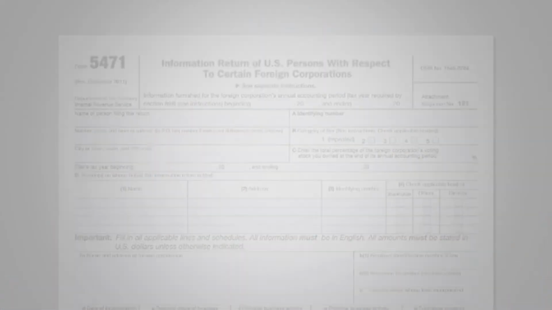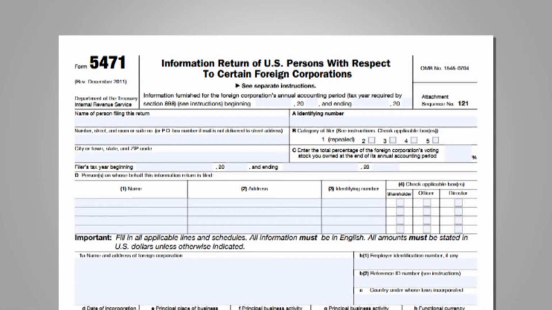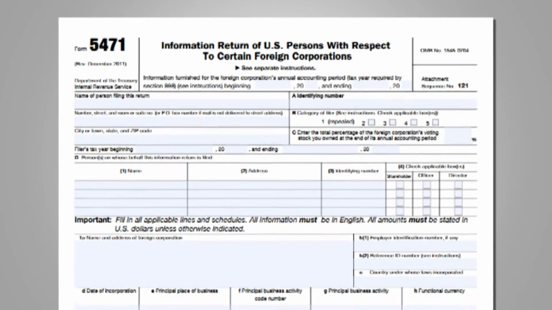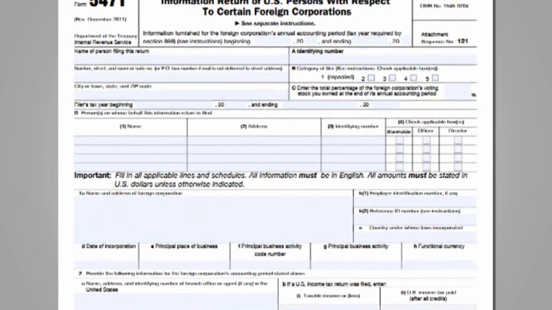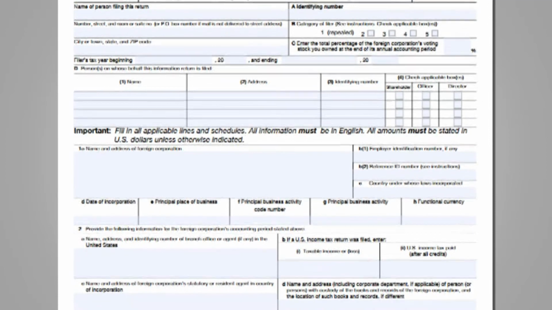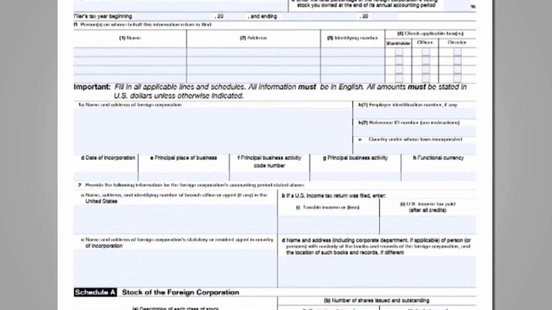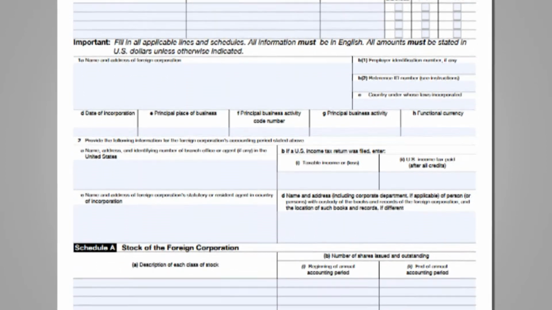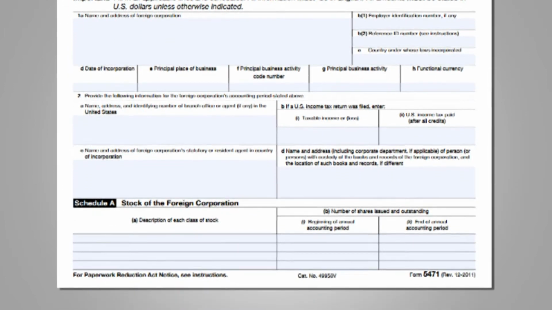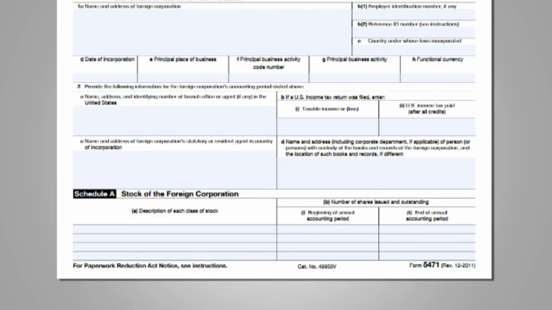A much more complex topic is Subpart F income. Congress realized that there was this tool by which Americans living abroad, or even Americans, could defer taxation on large amounts of money if they were in the net profit of a foreign corporation. Then Congress sat down and said, well, there's particular types of income that we do not want to be deferred. This is called Subpart F income, by the way.